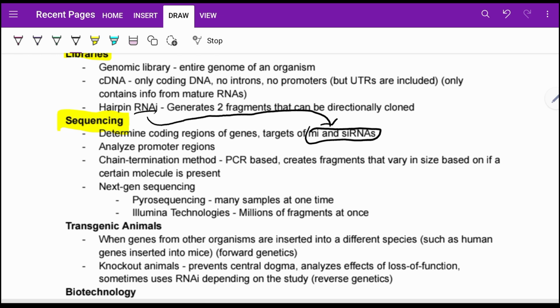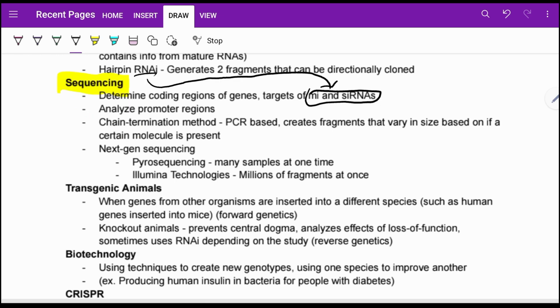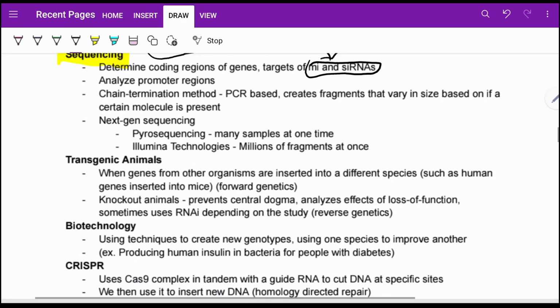We can basically analyze whatever we want out of whatever DNA we want. There are many ways to sequence DNA, but there are old ways of sequencing which could only do about a couple hundred base pairs at a time, and then there's next gen sequencing which can do a lot more and is what most biotechnology companies are currently using.